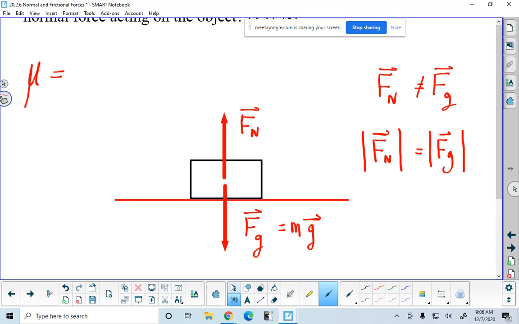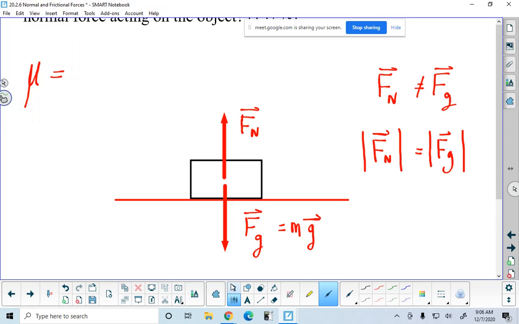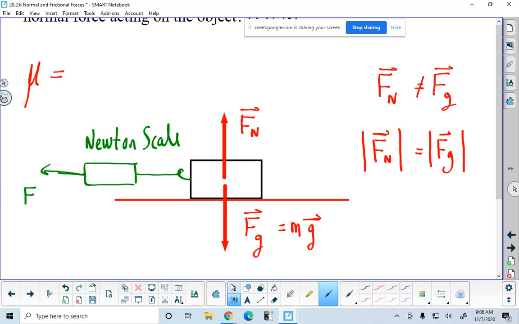On this block of wood would be a hook, and we would attach to the hook a spring scale. This is sometimes called a Newton scale because it's calibrated to measure force in newtons. And then you would apply a force in this direction. There would be an applied force.